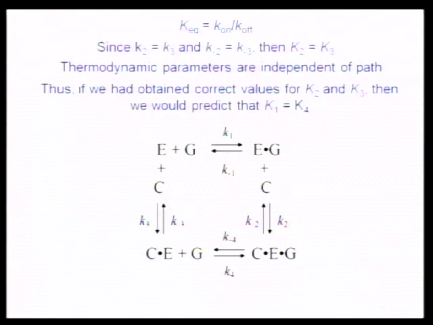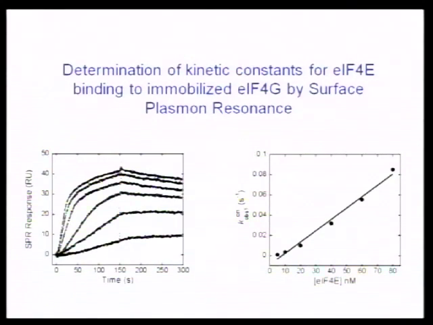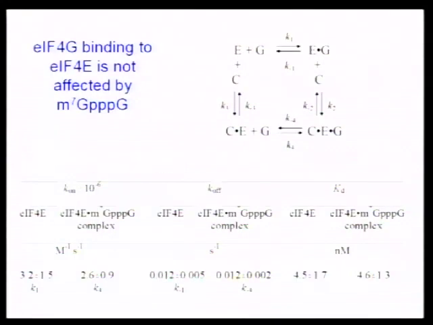So now we want to measure binding of 4E to 4G in the absence or in the presence of cap analog. So for that, we have to use surface plasmon resonance, and this is what the data look like. The 4G is immobilized on the chip. We pass 4E over, and we get on rates from the formation part of the curve, and we get off rates from the dissociation part, and can plot those and get a simple one-step reaction.